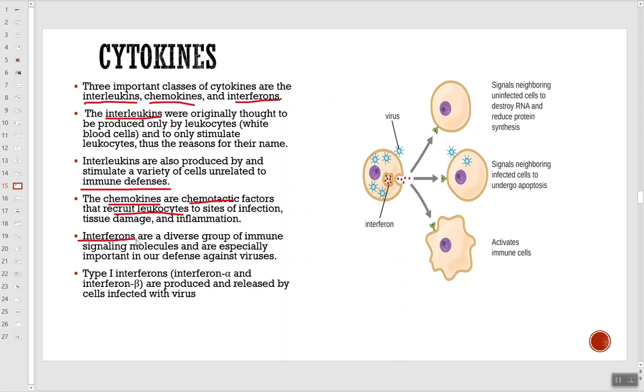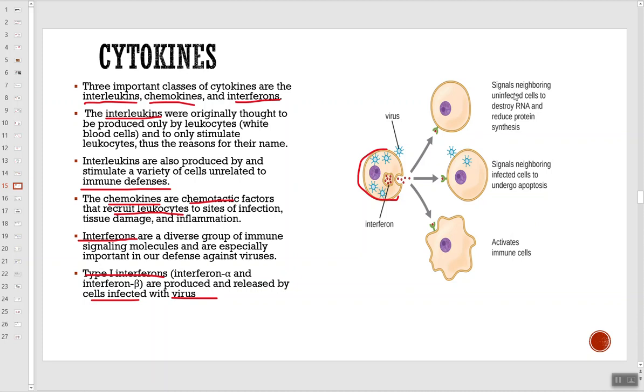Now, interferons, there's alpha, beta, and gamma. These type 1s, alpha and beta, are released by cells that are already infected by a virus. So this cell has virus infection. He releases interferons. These neighboring cells are going to pick up on an interferon.